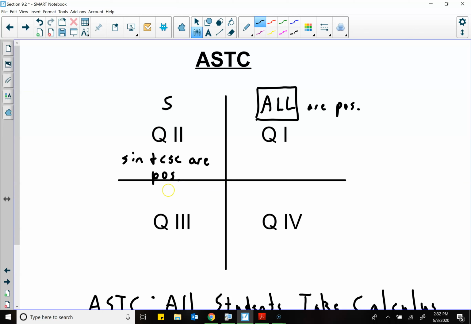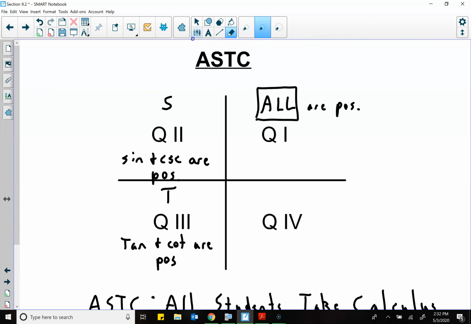Quadrant 3 stands for T, the take. And that means that in this one, it is tangent and its reciprocal, cotangent, that are the only ones positive in quadrant 3.